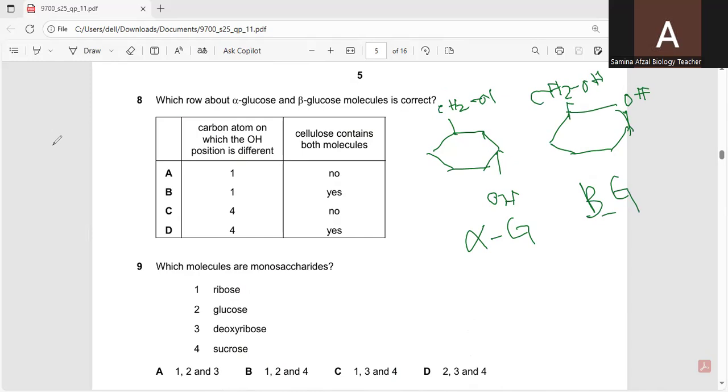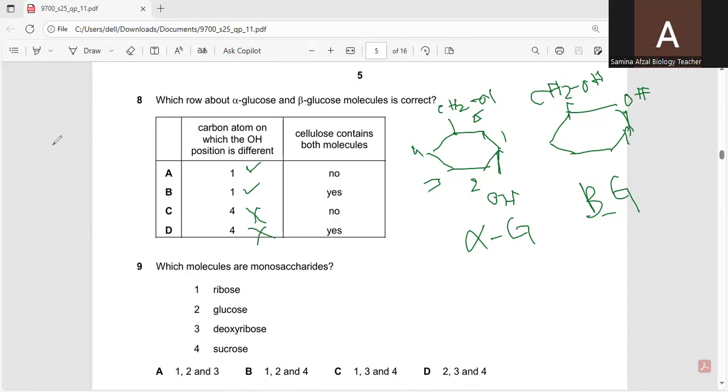And you can see the OH is present on carbon number 1. This is carbon number 1, 2, 3, 4, 5. So according to this, C and D cannot be the correct options. It is on carbon number 1.